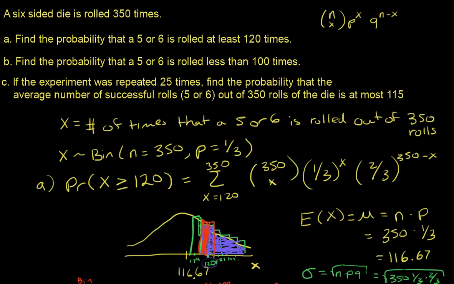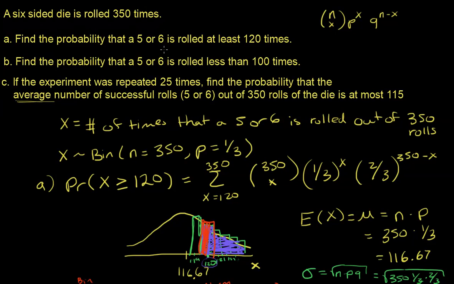Once we've rolled the die 25 times, we're going to have an average, right? Say on the first time we rolled the die, there were exactly 100 5s or 6s. The second time we roll the die, there might be exactly 120 5s or 6s.